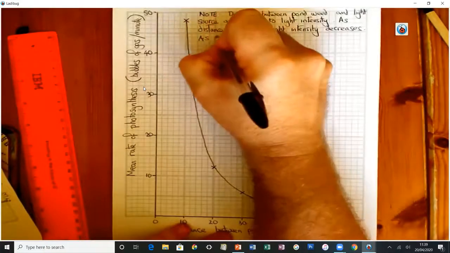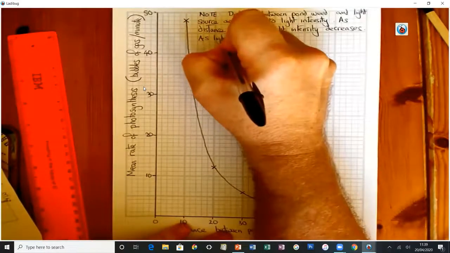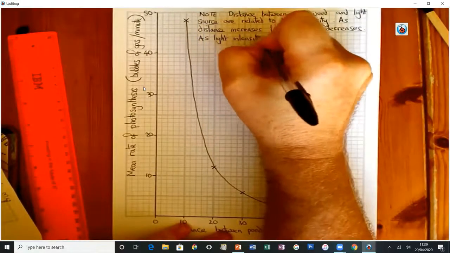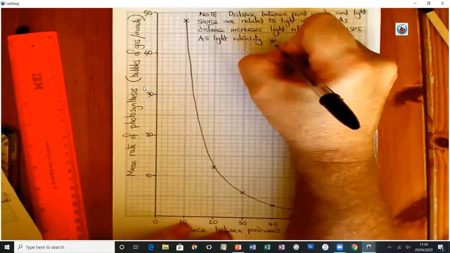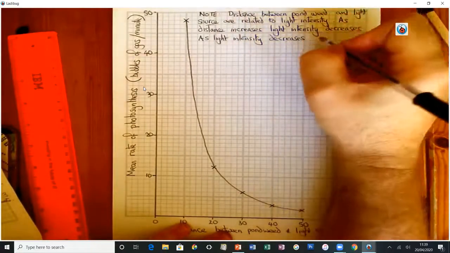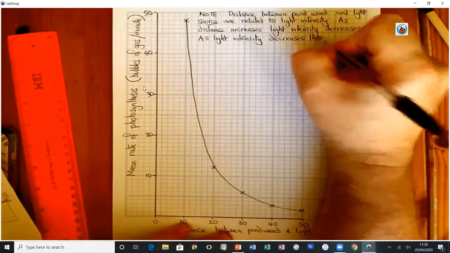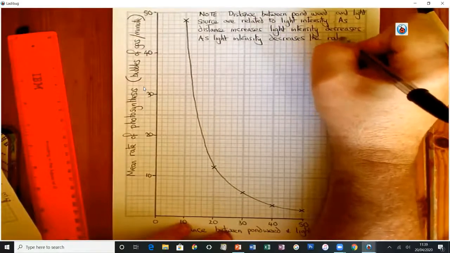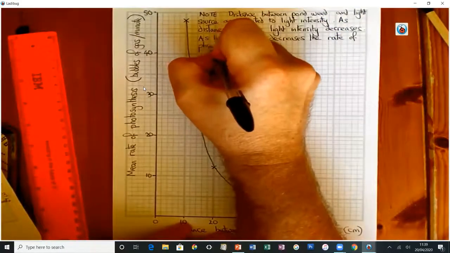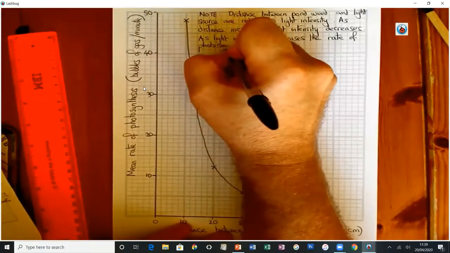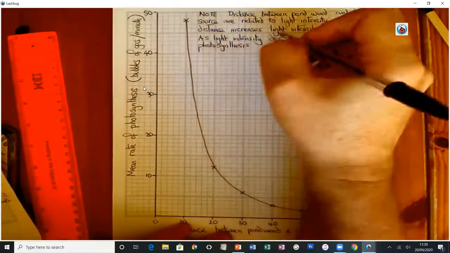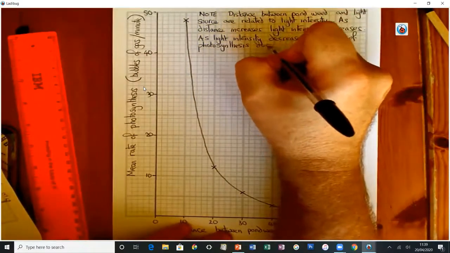As light intensity decreases, the rate of photosynthesis decreases.